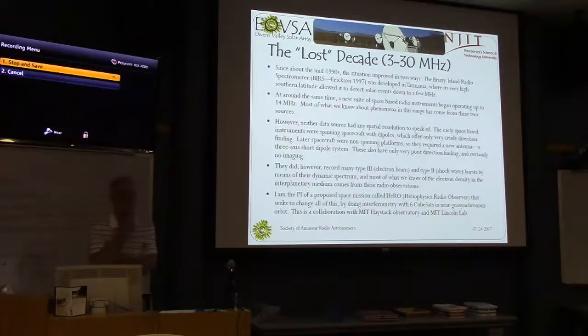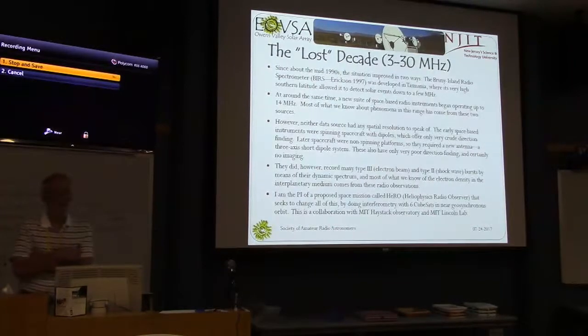This is something that Dr. McCain was mentioning in his talk, that this is a region that we need to be in space in order to see. And in fact, he mentioned a CubeSat experiment at MIT Lincoln Labs towards this. I'm actually the PI of that mission.